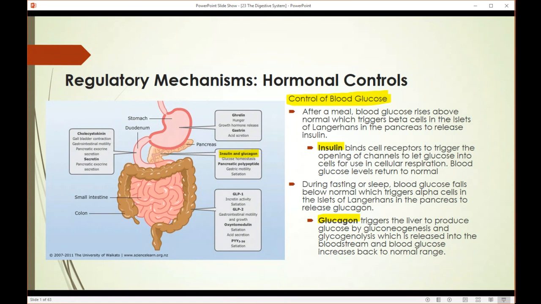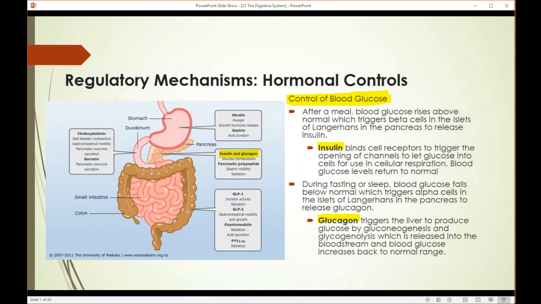When we fast or we're sleeping, so we're not eating, our blood glucose levels are going to fall below normal. That's going to trigger our alpha cells, which are also found in the islets of Langerhans within our pancreas, to release glucagon. Glucagon is going to trigger the liver to produce glucose by gluconeogenesis and glycogenolysis.